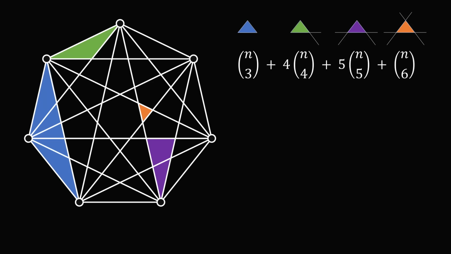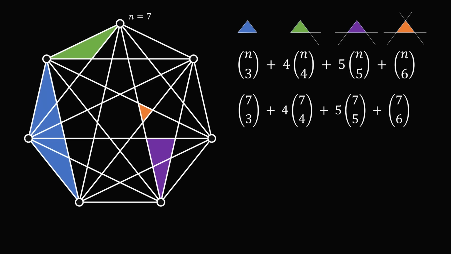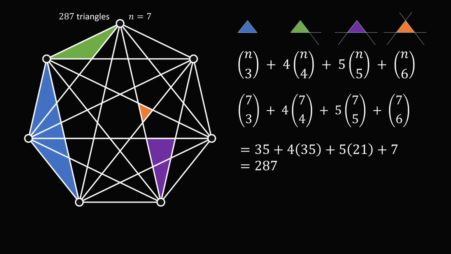N choose 3 plus 4 times n choose 4 plus 5 times n choose 5 plus n choose 6. In our problem, n was equal to 7. So we can substitute in and calculate, and this will exactly be equal to 287. Therefore, there are 287 triangles in this figure.